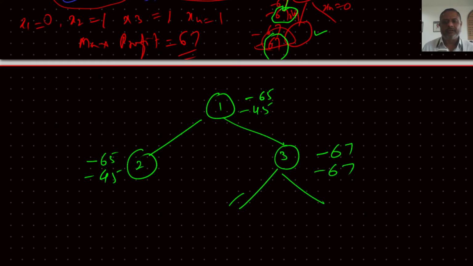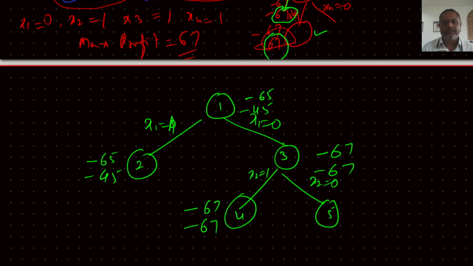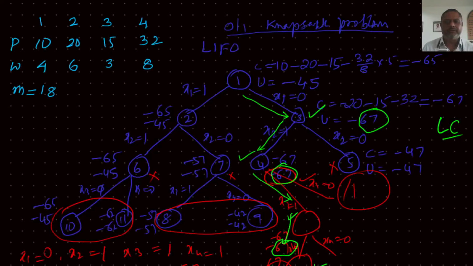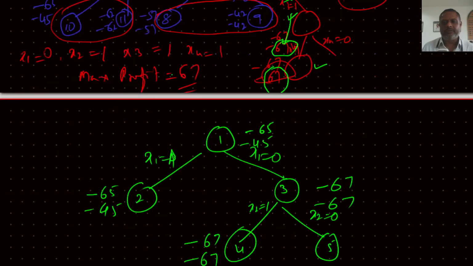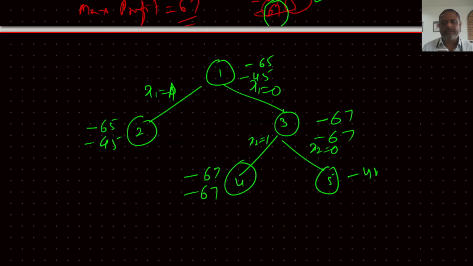Then we get this 4, 5, and this says minus 67, minus 67. So this is x1 equal to 1, x1 equal to 0, x2 equal to 1, x2 equal to 0. So if you don't include x2, then we get minus 47, minus 47. So this is the winner, 45, 67, 47. So this is the smallest.